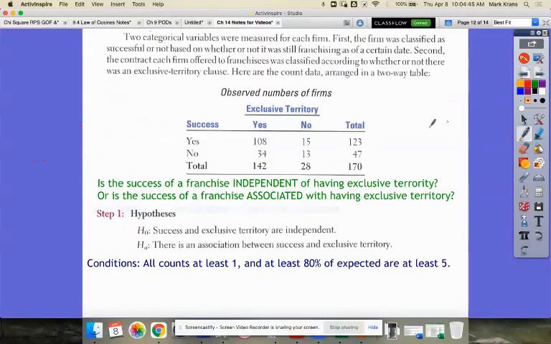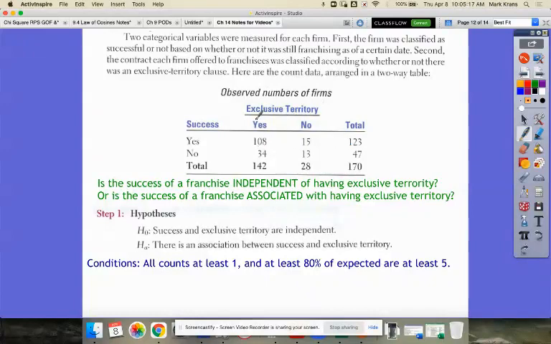So here's an example. They look at firms, like McDonald's, successful or not, based on whether they had a clause in their franchise agreement saying we are the only franchise allowed in this territory. Most of the franchises in the sample were in the yes category, and most succeeded.